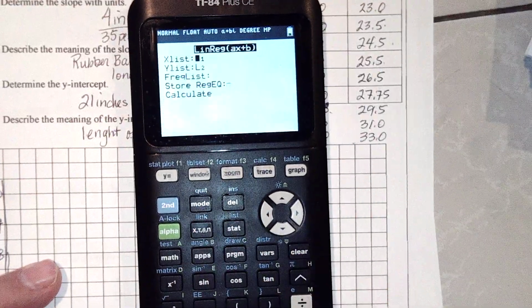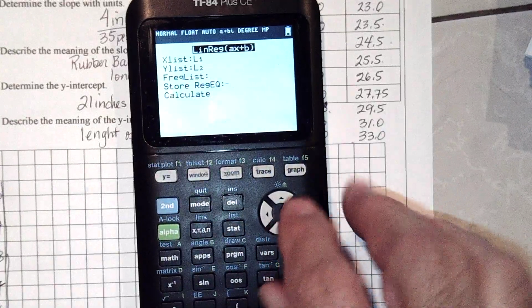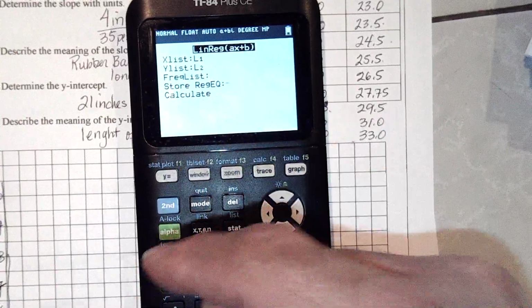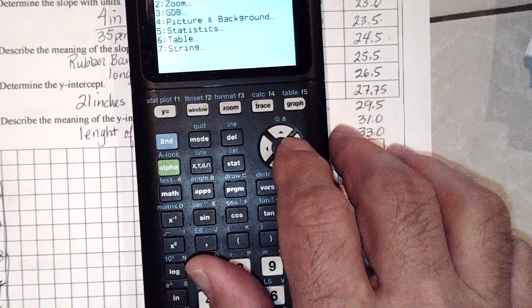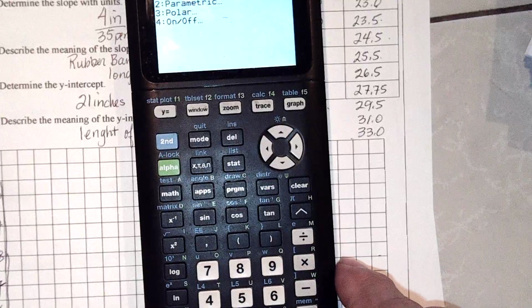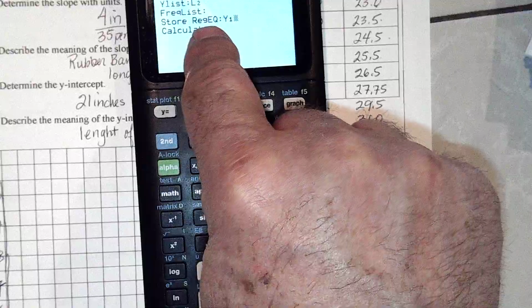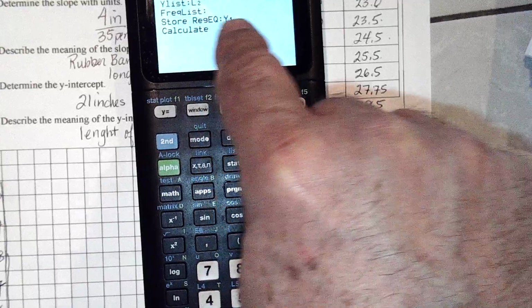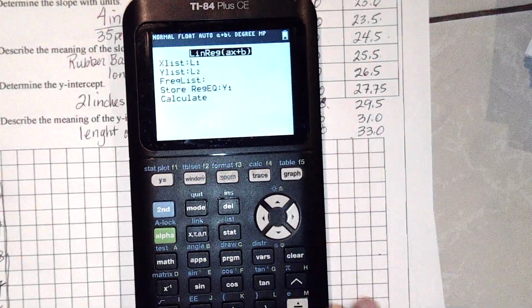So I'm going to use list 1 and list 2. And just to help me see it, so it'll graph that, I'm going to say vars, y vars, function y1. So it's going to store the regression equation in y1. That's under the y equals, so that it'll graph it.